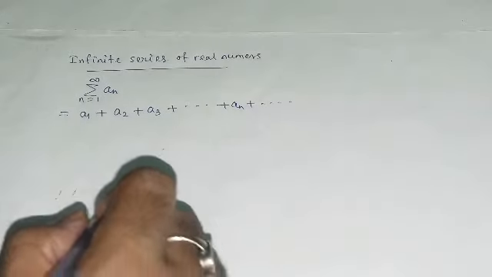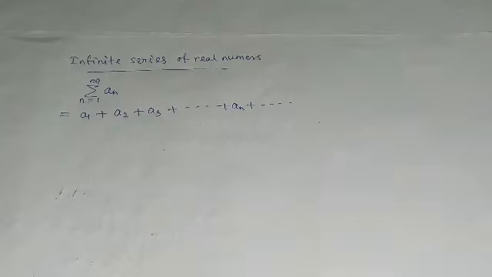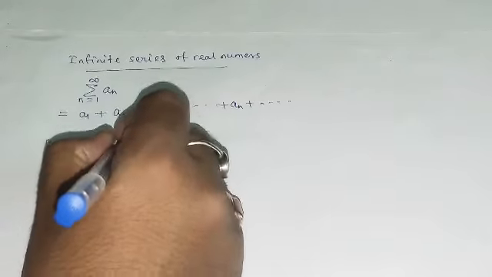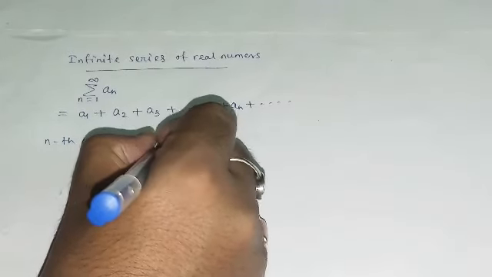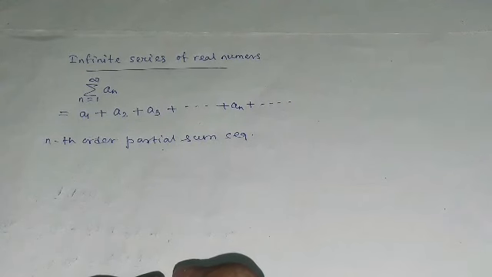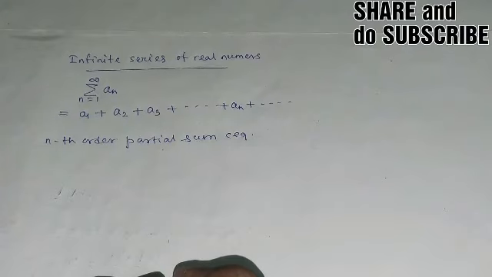Correct? All right. Now here one very important term is called the nth order partial sum sequence. What do you mean by the nth order partial sum sequence of an infinite series?